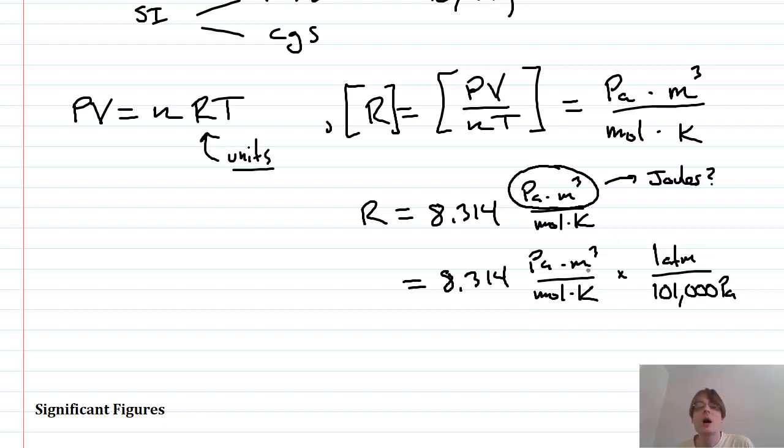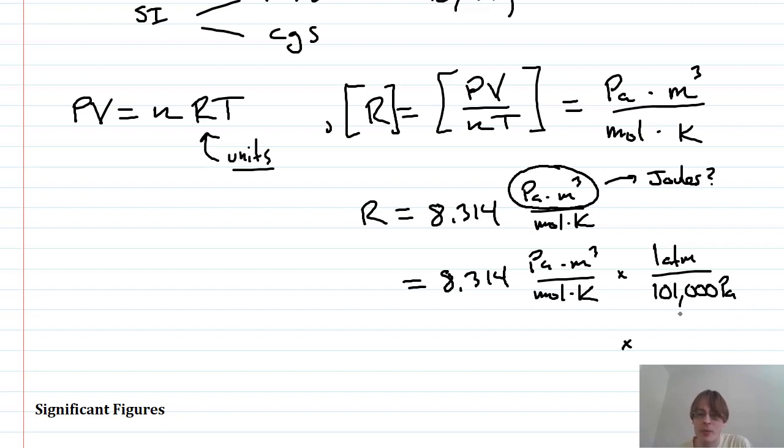Next up, I need to multiply by another factor, which will convert cubic meters to liters. Now, a liter is exactly 1,000th of a cubic meter. Like a liter bottle of water, it takes 1,000 of those to fill up a cubic meter.